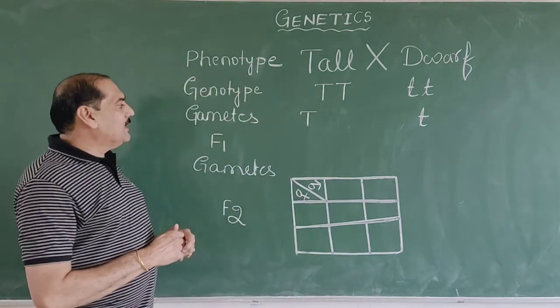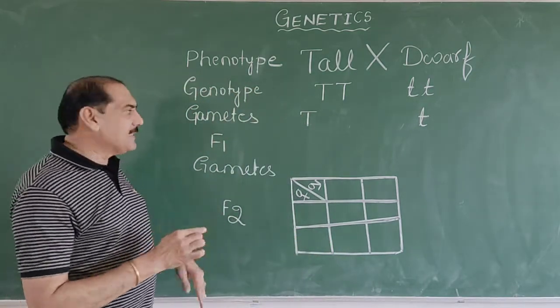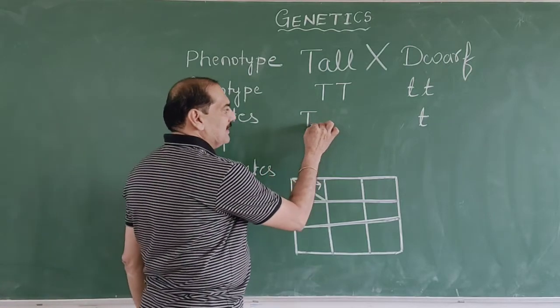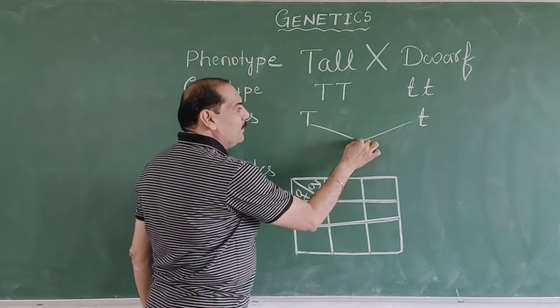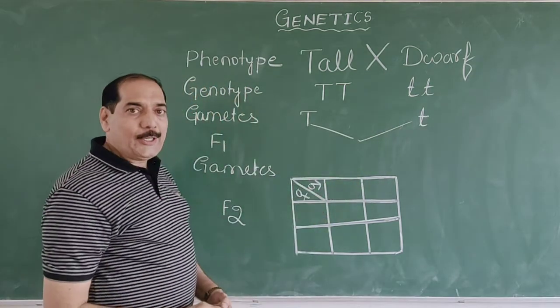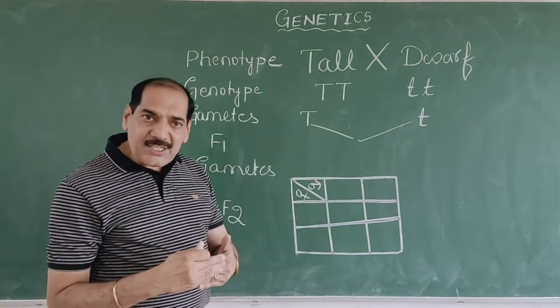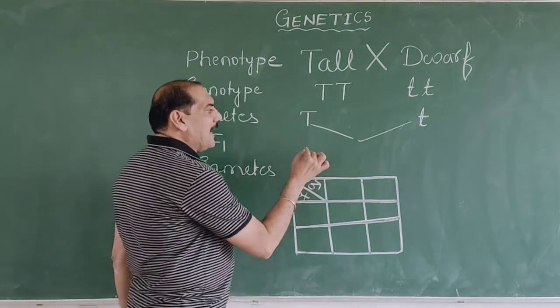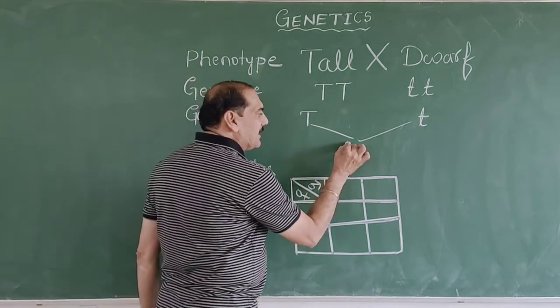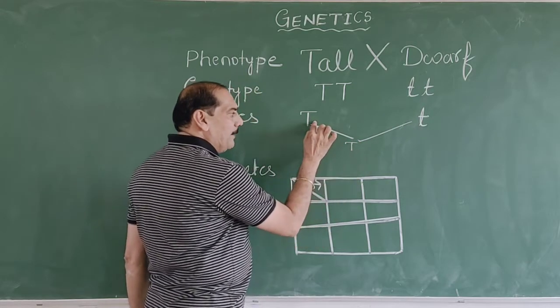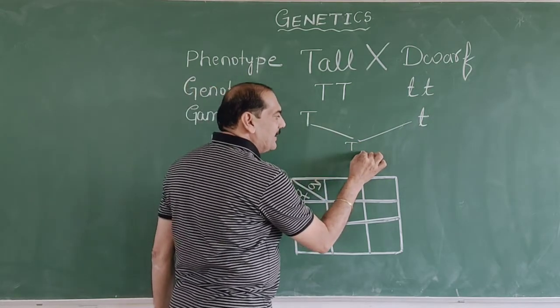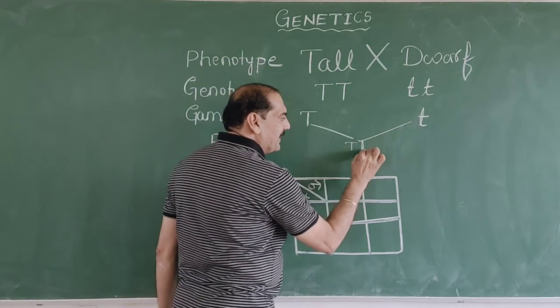Next, these two gametes will be fused. This gamete and this gamete will be fused during hybridization. As a result, the resultant zygote will receive one factor from a male parent, another factor from a female parent.